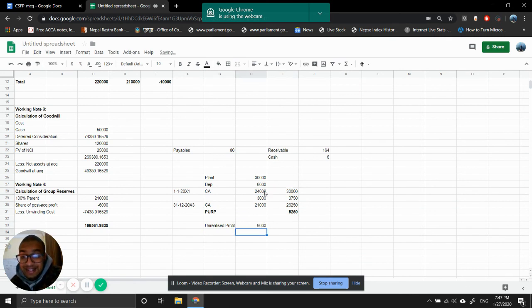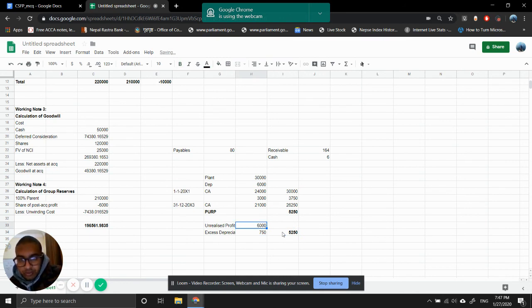But due to excess depreciation, your profit has gone down, right? The cost for that particular company has increased, so the depreciation should have been 3,000, but now it is 3,750. So it's gone up by 750. If you subtract 750 from 6,000, you will get 5250.